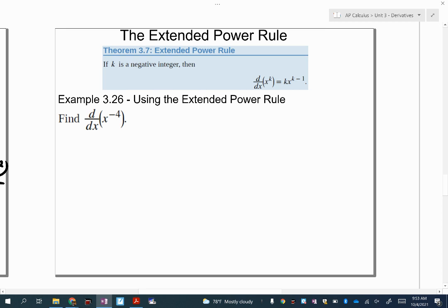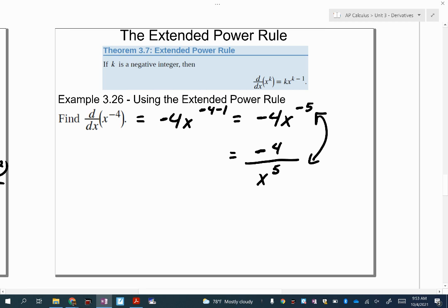So it's actually very similar to what we did before. It might look a little different. So it's going to be negative 4 times x to the negative 4 minus 1 power, which is negative 4 times x to the negative 5 power. Now, if you wanted to write that with a positive exponent, it'd be negative 4 over x to the 5th power. Both of these are the same thing.